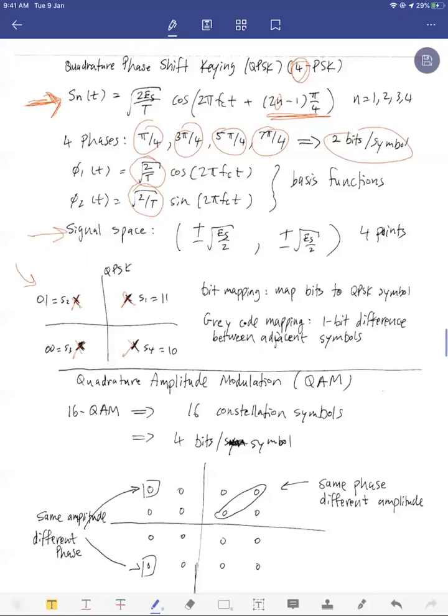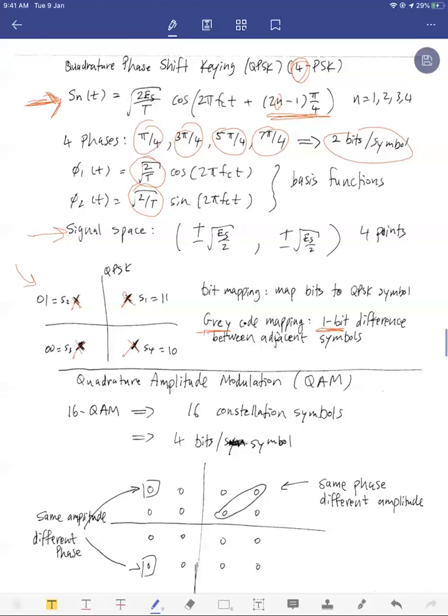And if you remember, we have to do a bit mapping. Here there are 2 bits per symbol, so I need to take sequences of 2 bits and map them to these 4 symbols. Here I've used something called the Gray code, which says that there should only be a 1-bit difference between adjacent symbols.